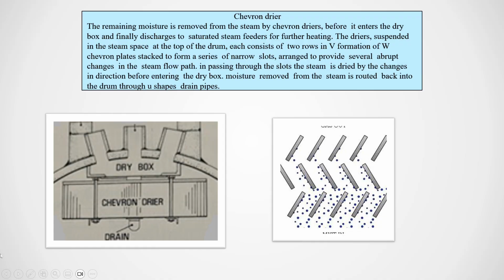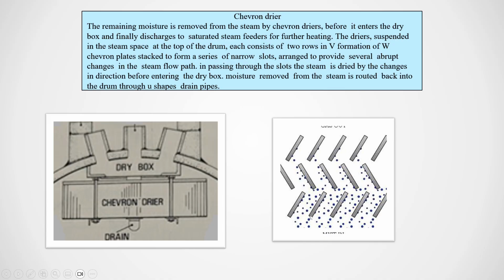This is the dryer. After the cyclonic separator, the steam will enter the Chevron dryer. What is the Chevron dryer? Inside it, the path is zigzag. When the steam enters, it has to pass through the zigzag path, and the minor water particles in the steam are separated due to high centrifugal force.